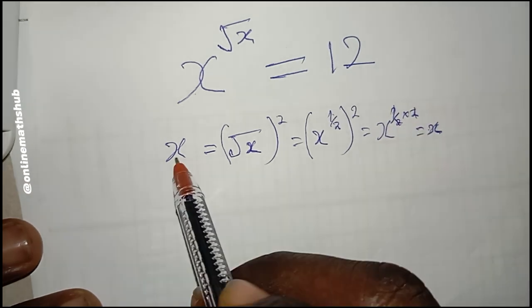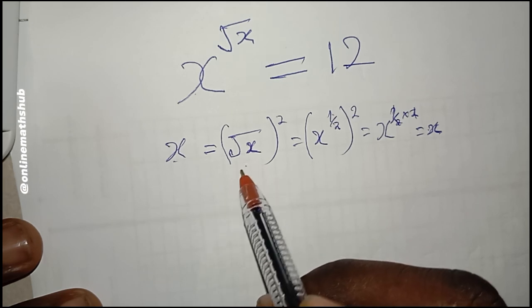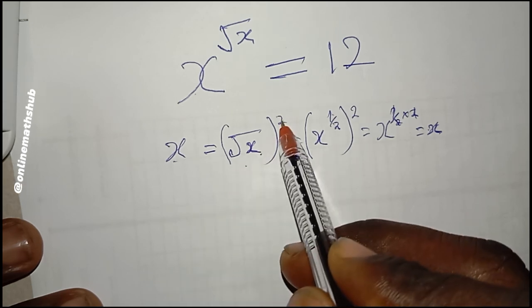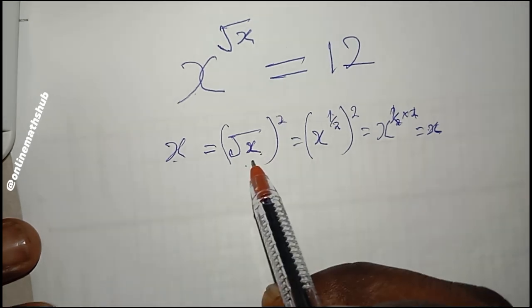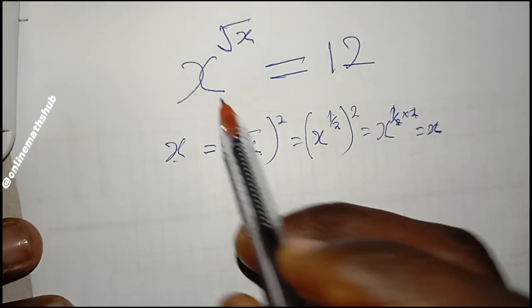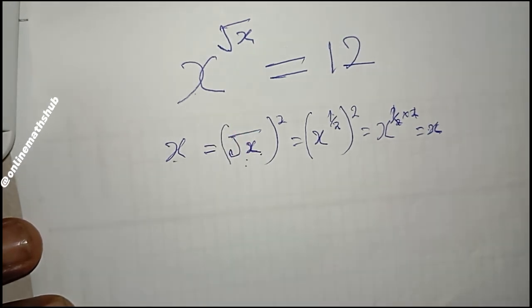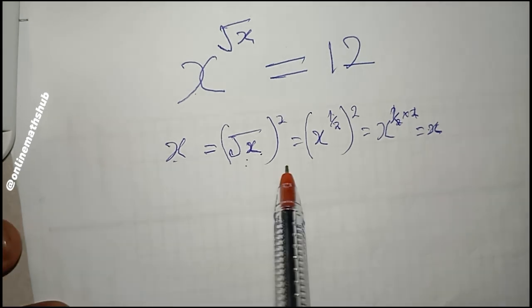So this x, you can write it as root x power 2. I'm going to use this to replace this, and as we proceed in the video you get to know why we are making that substitution.